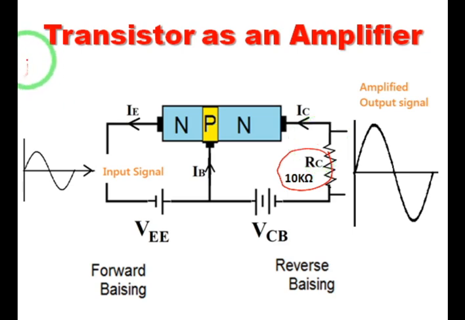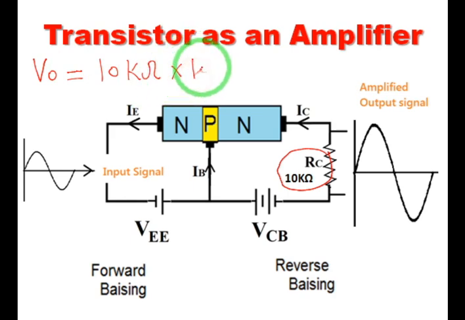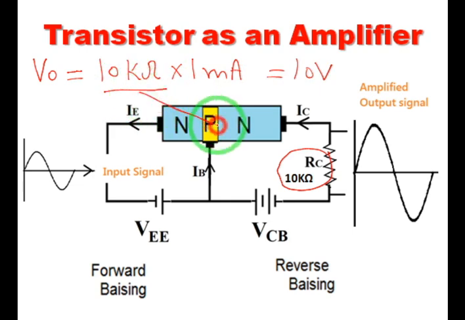Say V out, the output voltage, is equal to the collector current times RC. If we consider this case, the output voltage will be 10 volts, where 10 kilo ohm is the output resistance and 1 milliampere is the change in emitter current.